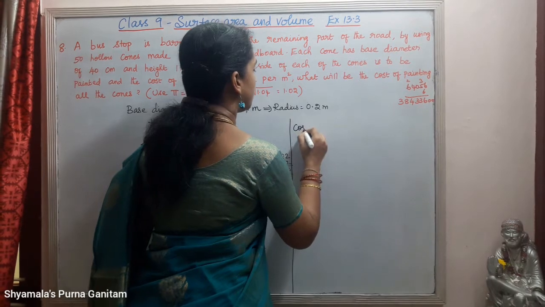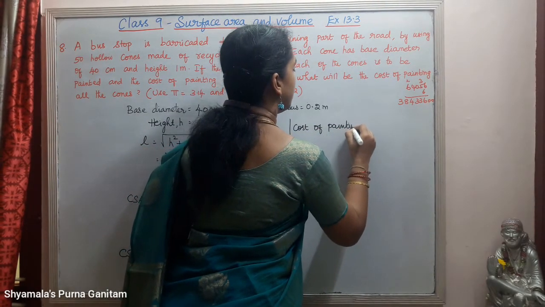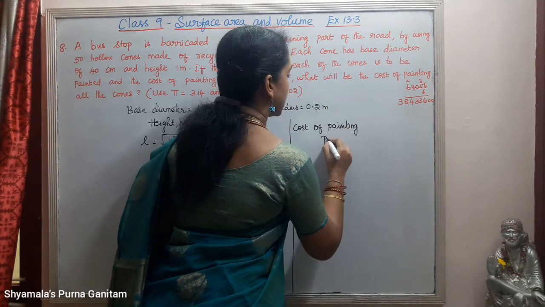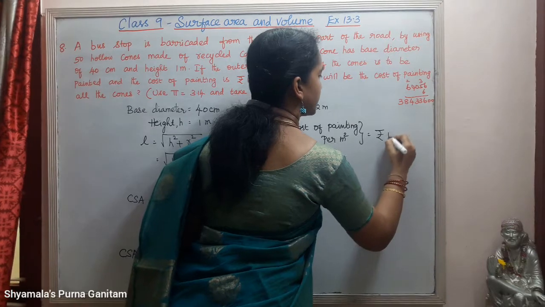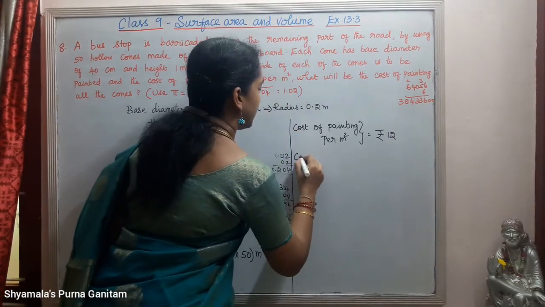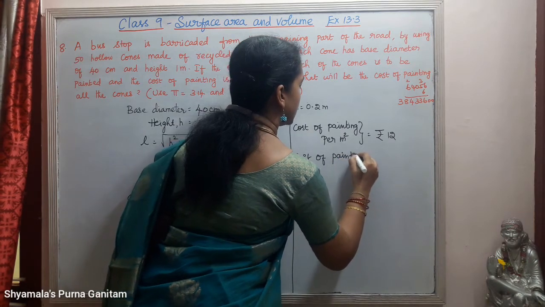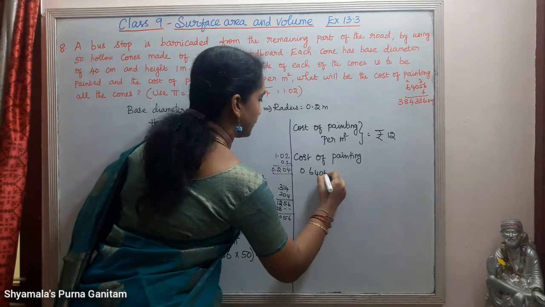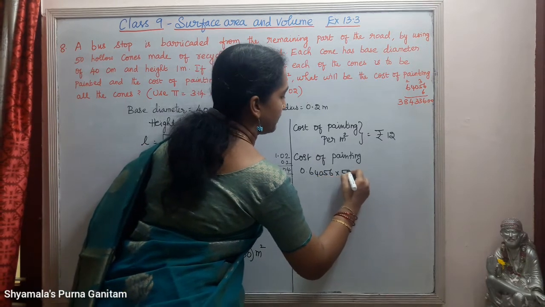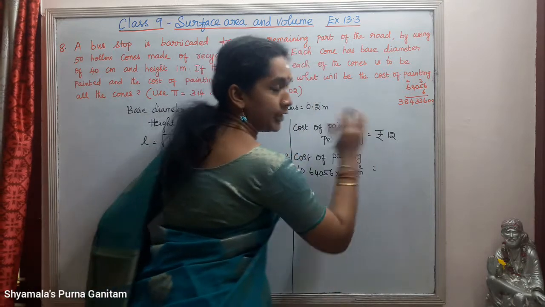So cost of painting per meter squared is equal to rupees 12. So here cost of painting 0.64056 into 50 meter squared is equal to the whole thing into 12.